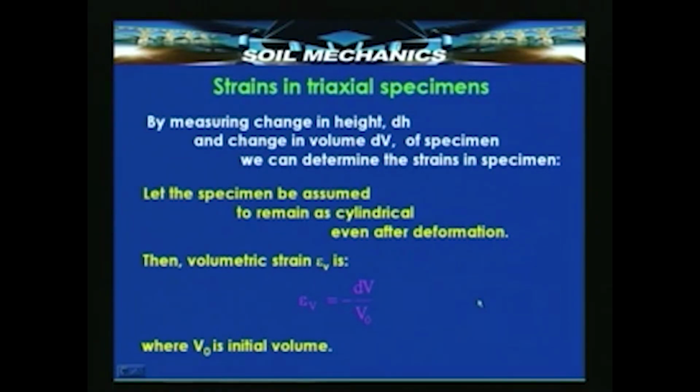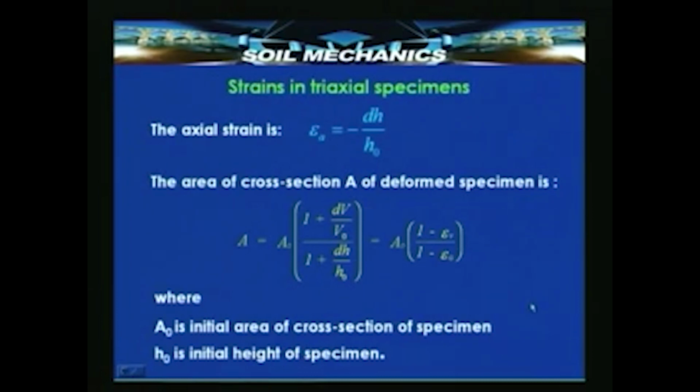On the other hand, the axial strain will be the change in the vertical height of the specimen divided by its original height, epsilon A. And since on vertical compression the area of cross section of the specimen increases as the specimen gets compressed and its diameter increases, the new area of cross section, which will tell us the new stress state, will be given by this expression.